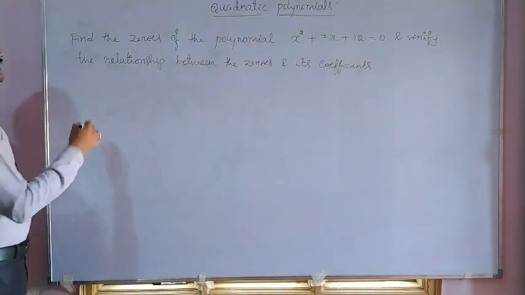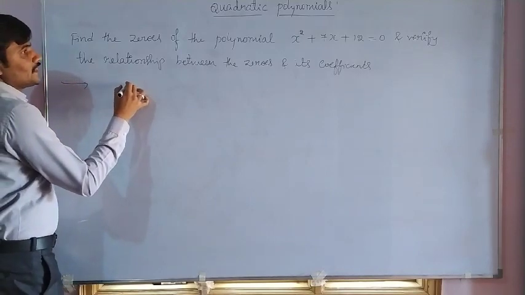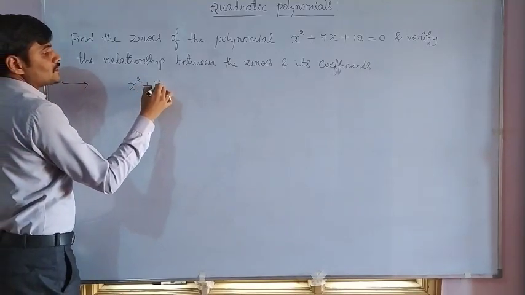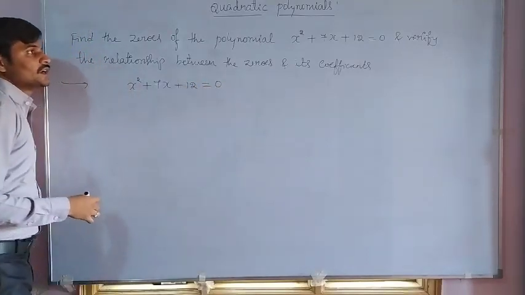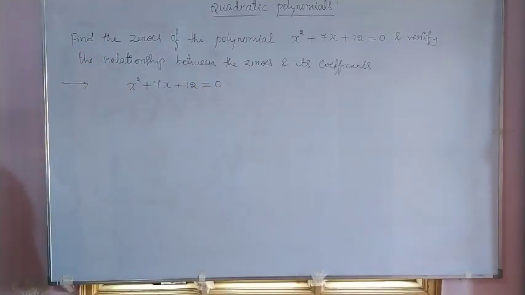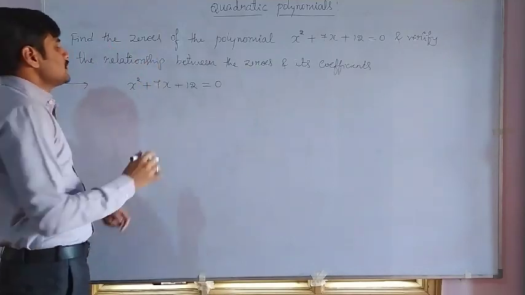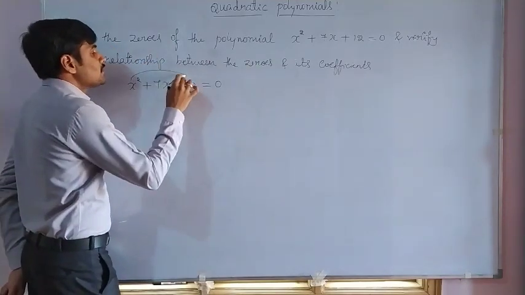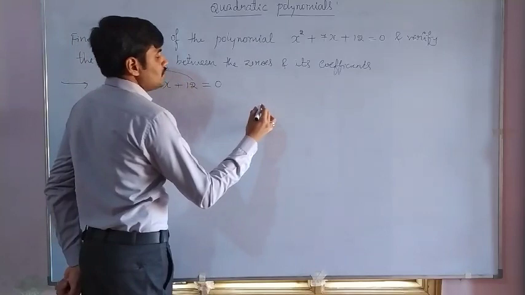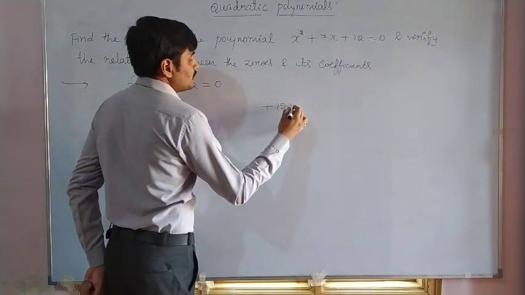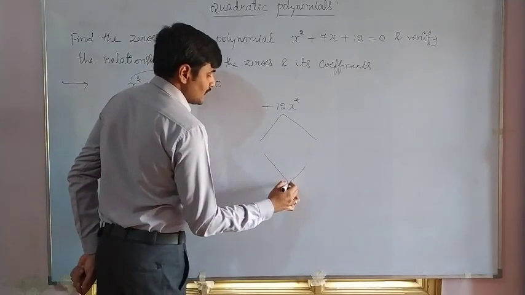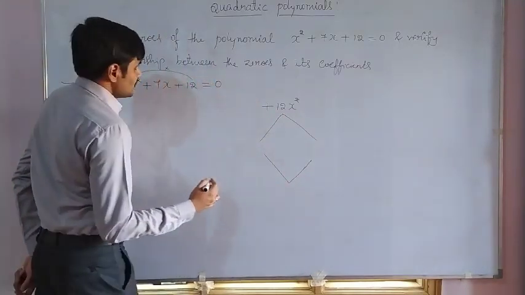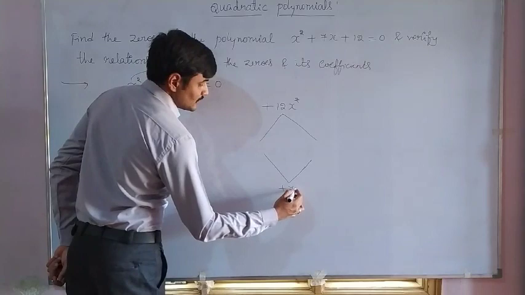So, the given polynomial is x square plus 7x plus 12 is equal to 0. Find the zeros using the splitting the middle term method. If you multiply the first and last term, as you know, it will become plus 12x square, and the middle term is plus 7x.